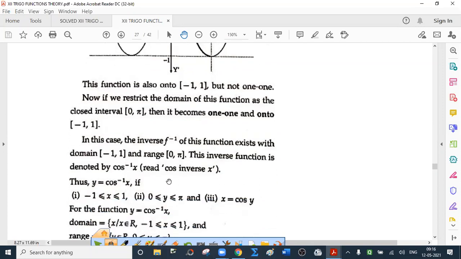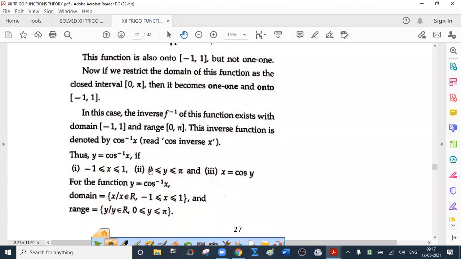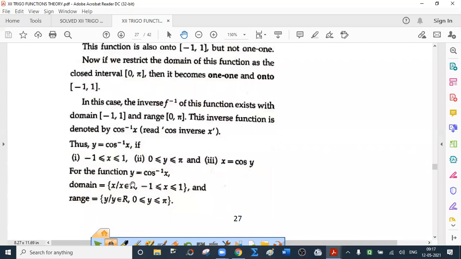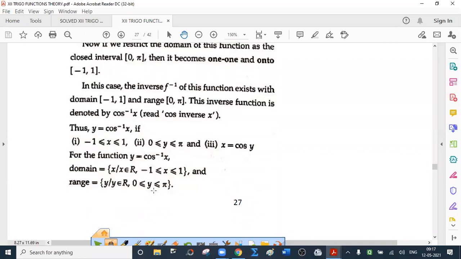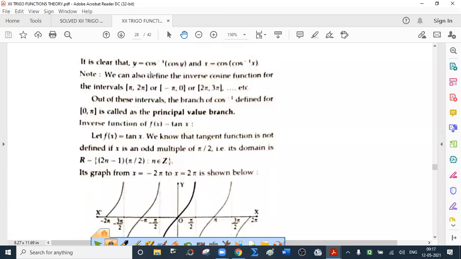So for cos inverse x, the domain is the closed interval [-1, 1] and the range is the closed interval [0, pi]. We can invert the relation as x equal to cos y. So the same is written in this form. For cos inverse x, this is the domain and this is the range. It is clear that y equals cos inverse of cos y and x equals cos of cos inverse x.